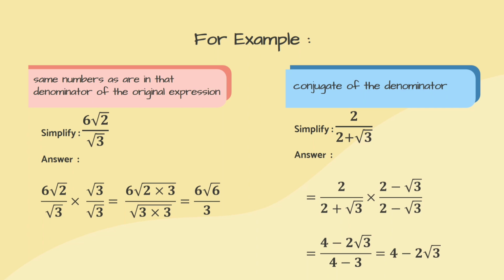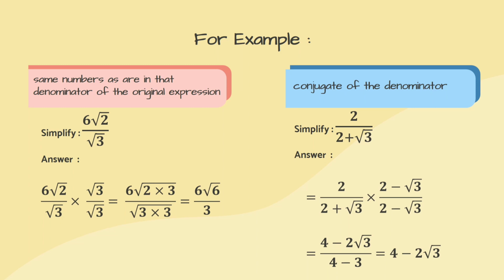And then for example, conjugate of the denominator. Simplify 2 over 2 plus the square root of 3. As I mentioned before, conjugate means the same numbers but the opposite sign in the middle. So, if we want to rationalize this expression, we will multiply this expression with the conjugate.